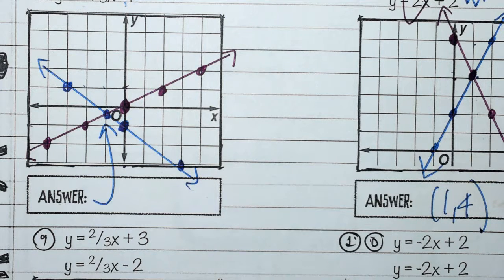See? No? ¿Por qué no? So we're looking for where they cross right here, right? So 1, 4 is right here. It's this. This is where they cross. See, right 1, up 1, 2, 3, 4.